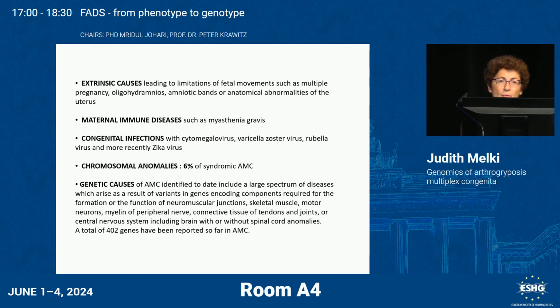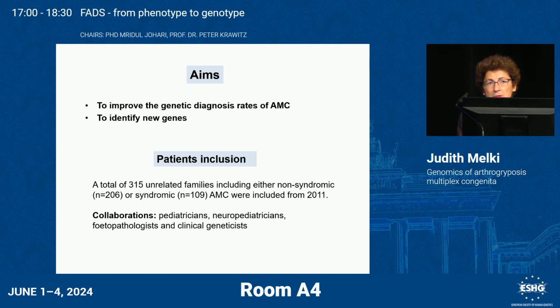A total of 402 genes have been reported so far in AMC. So the aim of our large series of investigations is to improve the genetic diagnosis rate of AMC, as well as to identify new disease genes.